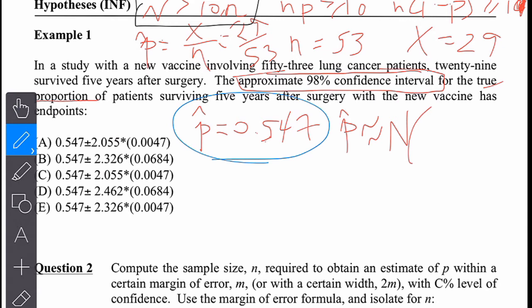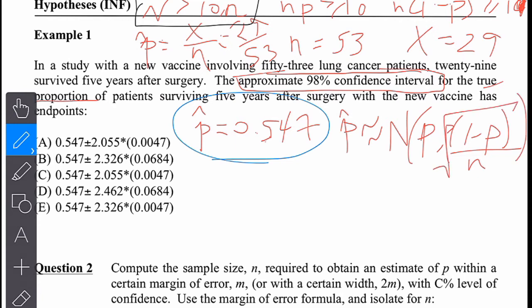So I'm going to use it in the place of P, even though this is supposed to be the square root of P times 1 minus P over n.